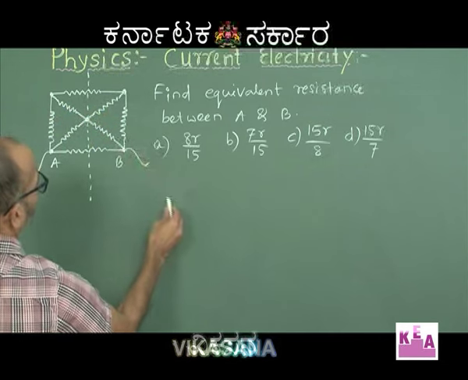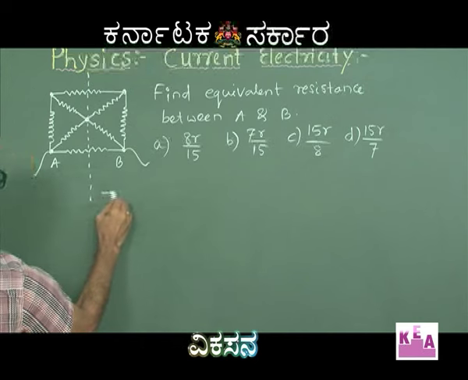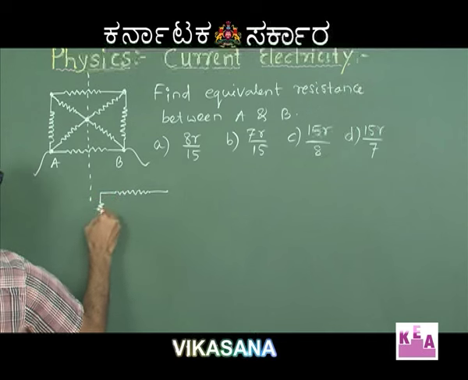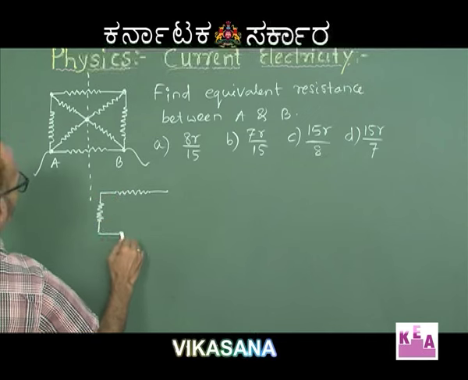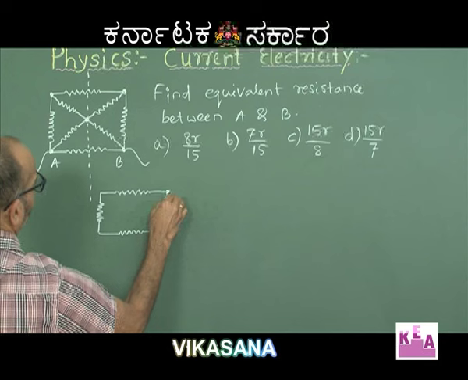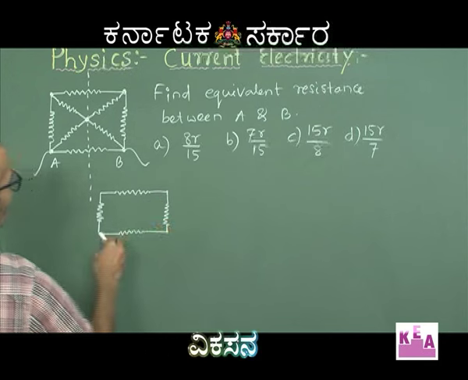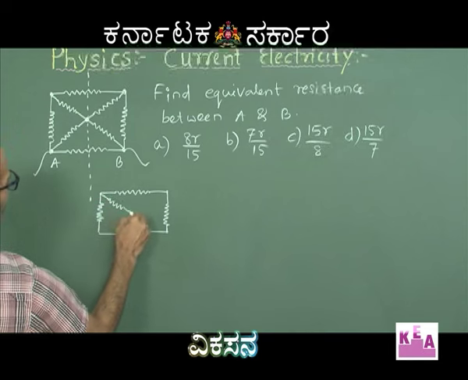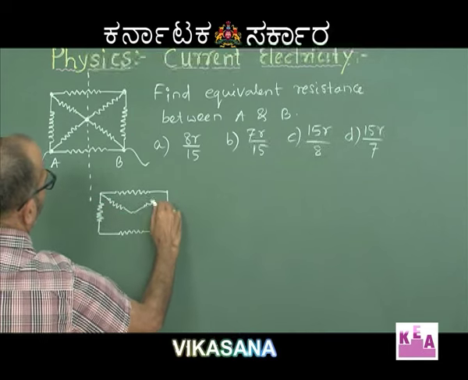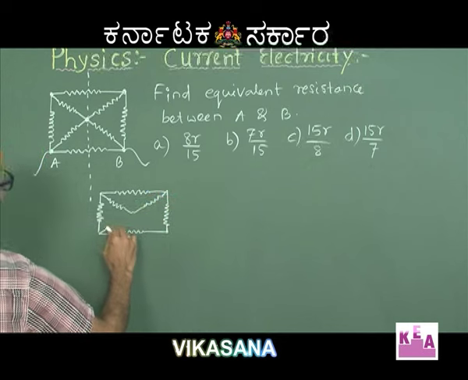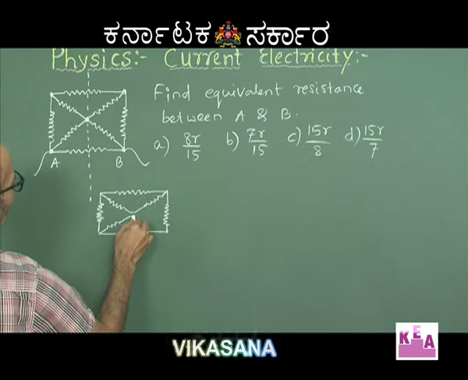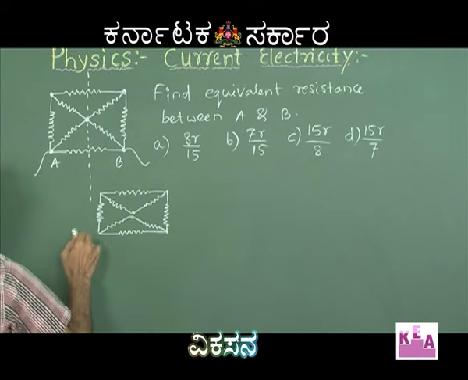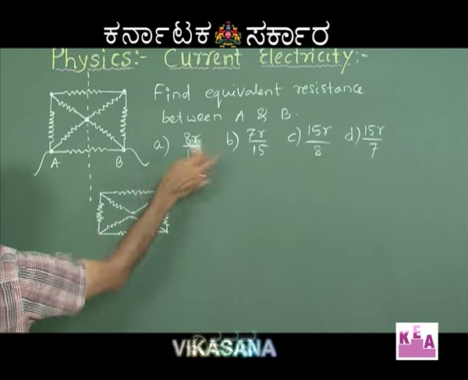Therefore, having removed that particular joint, I will redraw the circuit. See, I have removed this joint, and each of the resistances are R here.